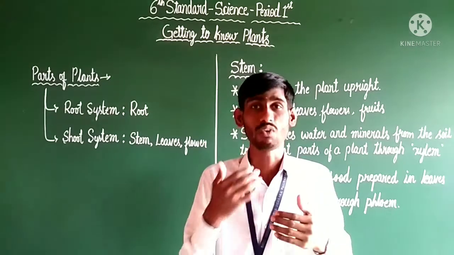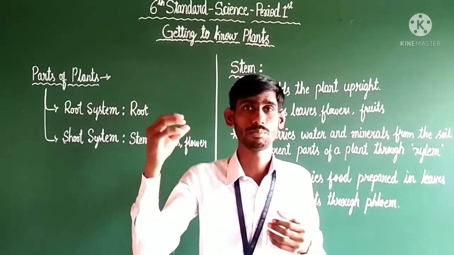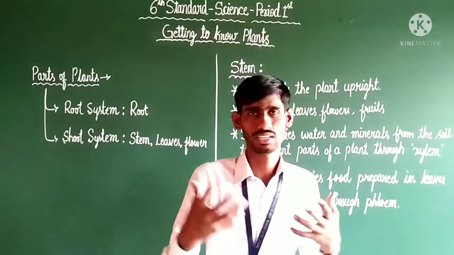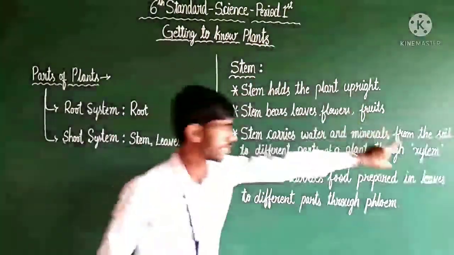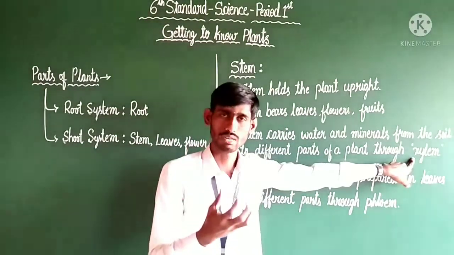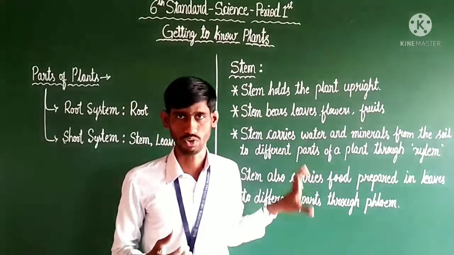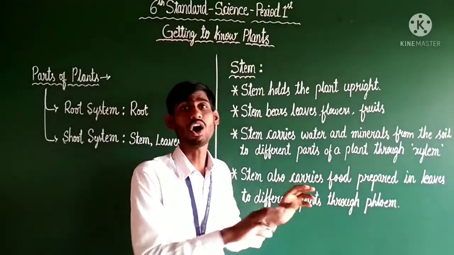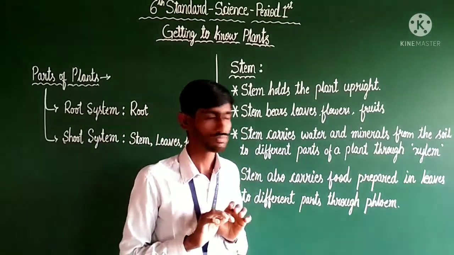What is the role of the food pipe? The food pipe helps to pass the food from mouth to stomach, isn't it? In the same way, in the plant, xylem helps to carry the water and minerals to all parts of the body. Phloem helps to carry the food to all parts of the plants.